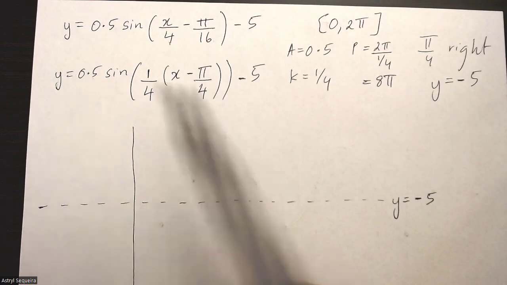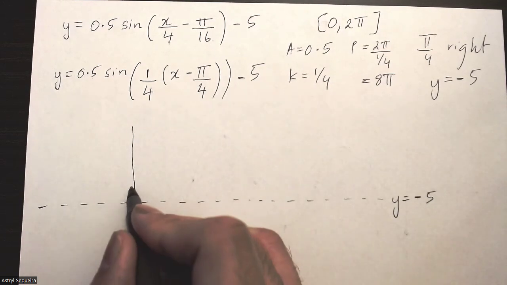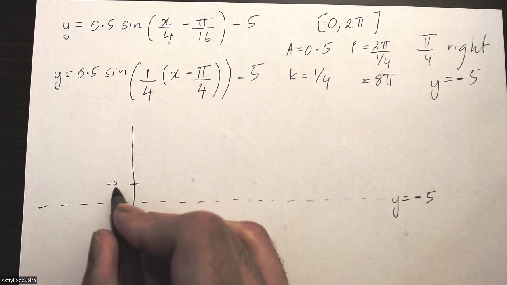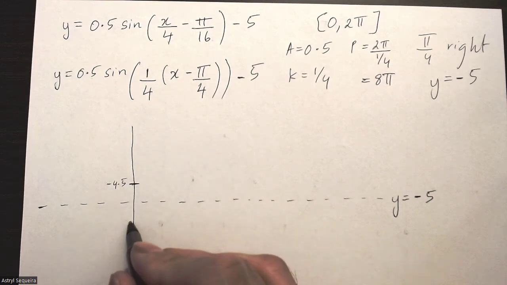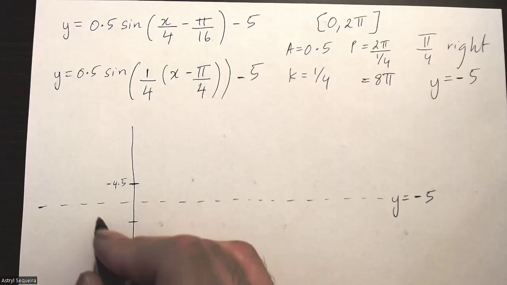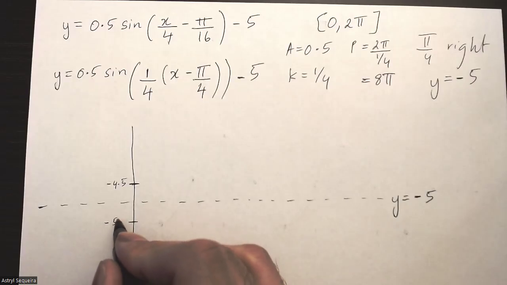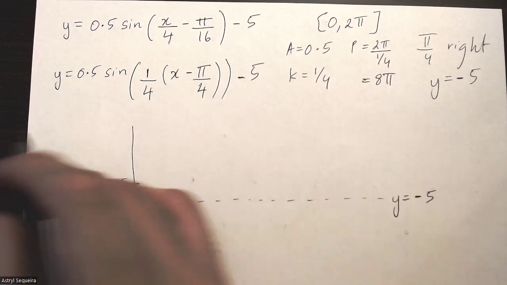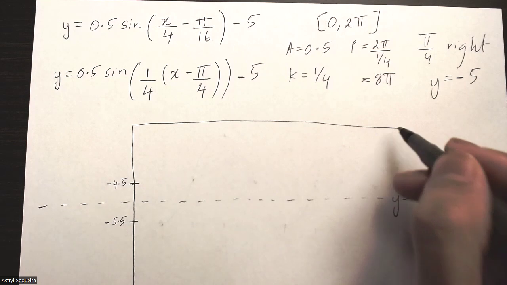My amplitude is 0.5, which means that my maximum is negative 4.5 and my minimum is negative 5.5. My x-axis is going to be all the way up here at 0.